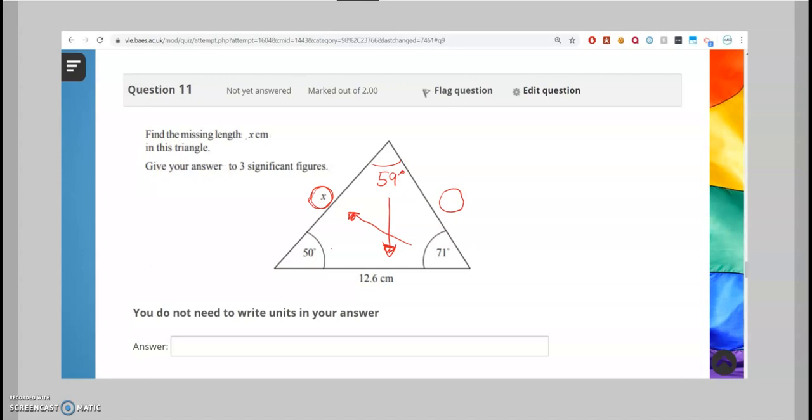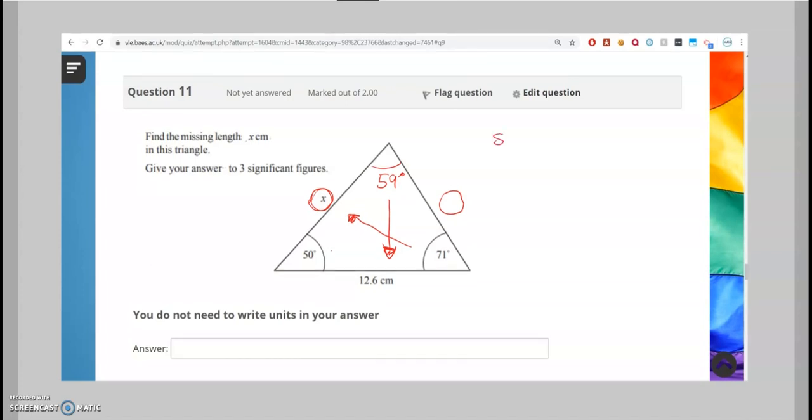The sine rule goes sine of A over a is equal to sine of B over b and sine of C over c.